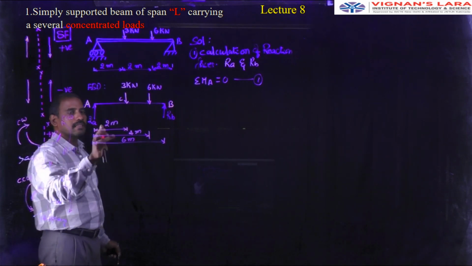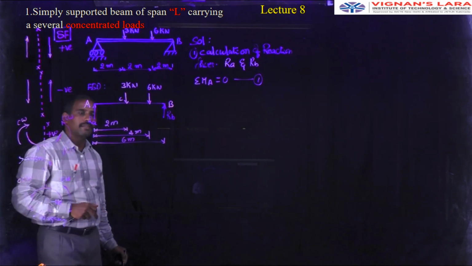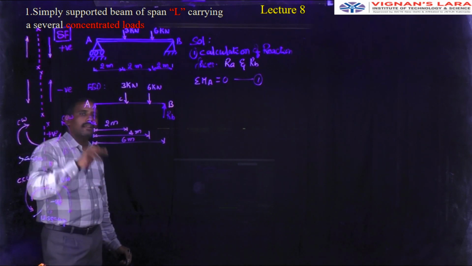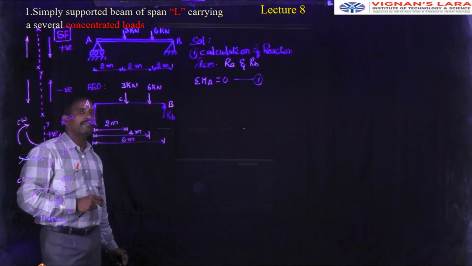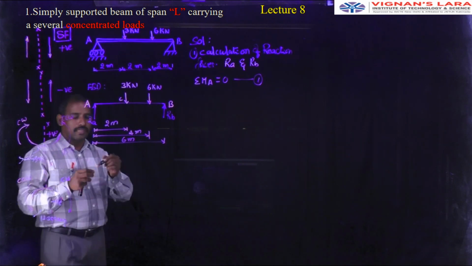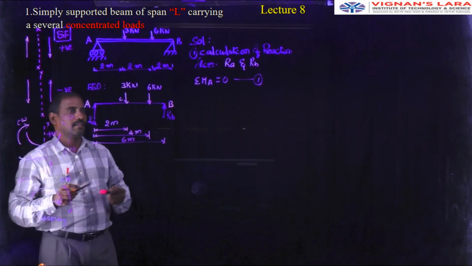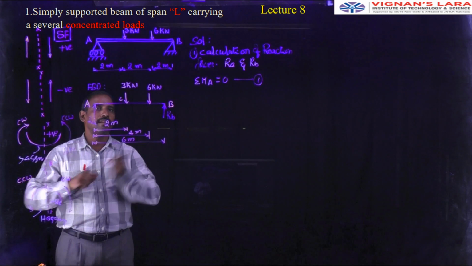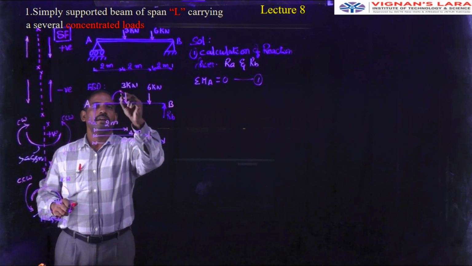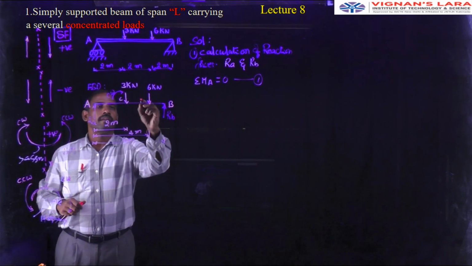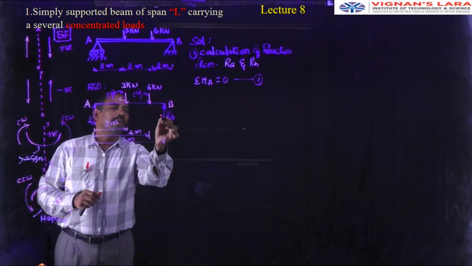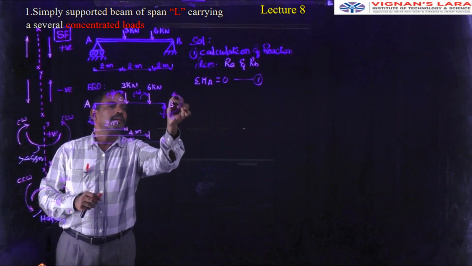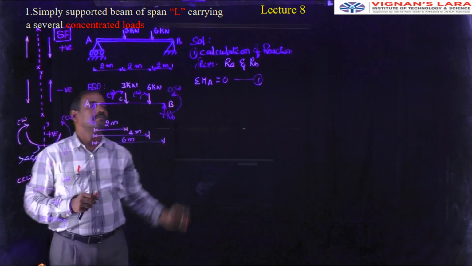Since the perpendicular distances are 2, 4, 6, taking moments of 3, 6 and RB about A, the 6 and 3 kilonewtons produce clockwise moments, while RB produces the counterclockwise moment.